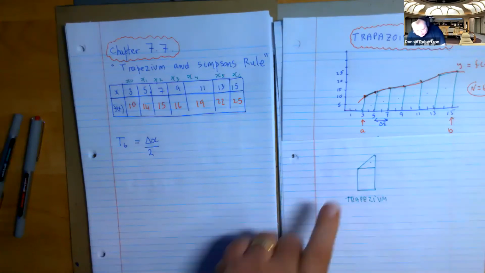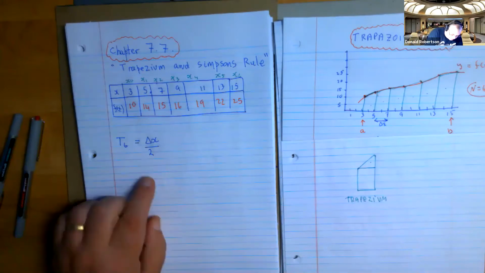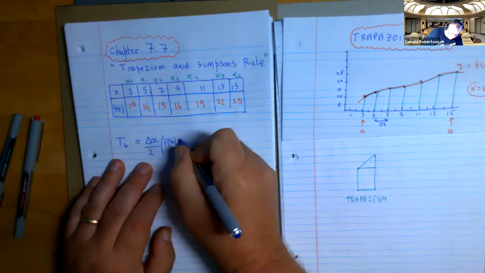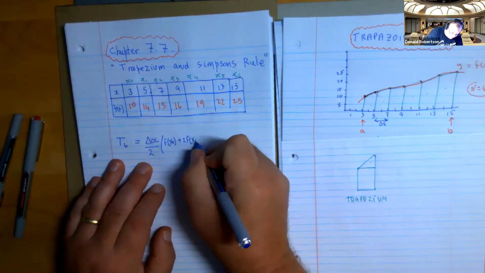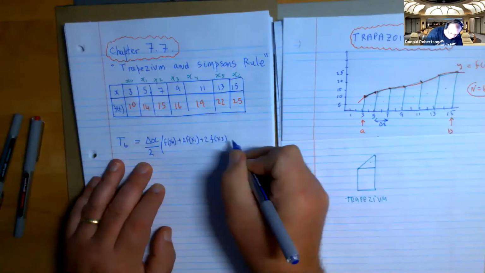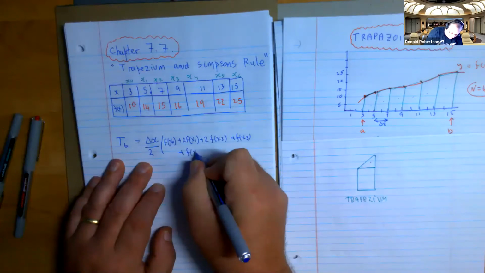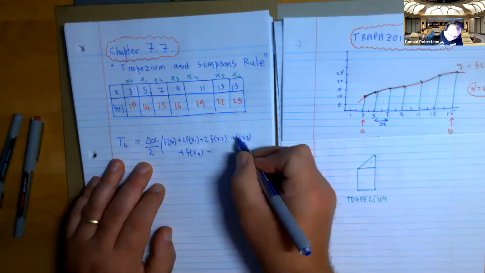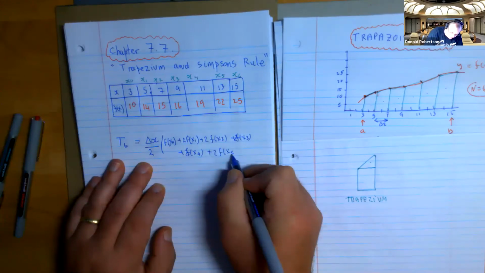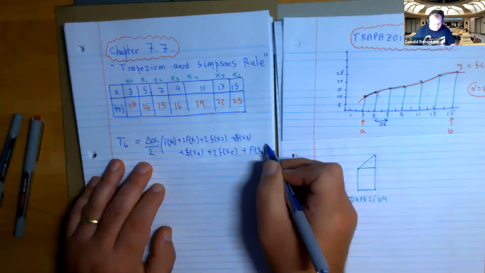And if you find these 6 strips and you add them all up, the formula is delta x over 2, the value of the function f at x0, twice the value of the function at all these guys, plus only one of the function at the end.